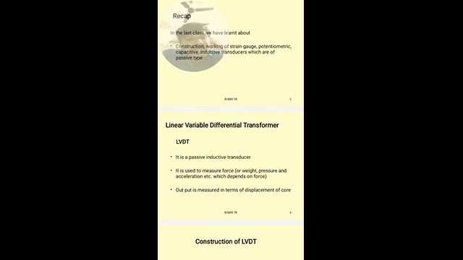So the displacement of the ferromagnetic core of the transformer is measured. Thereby we can find the force or weight or acceleration or pressure. LVDT transducer is primarily used to measure the linear displacement.